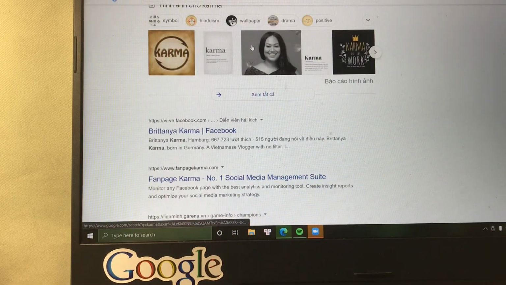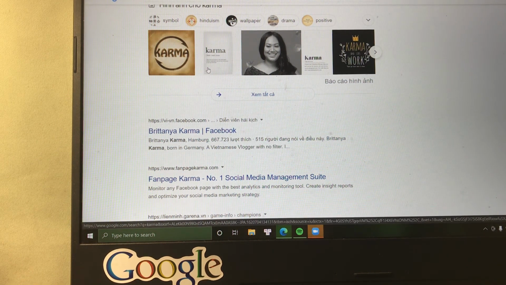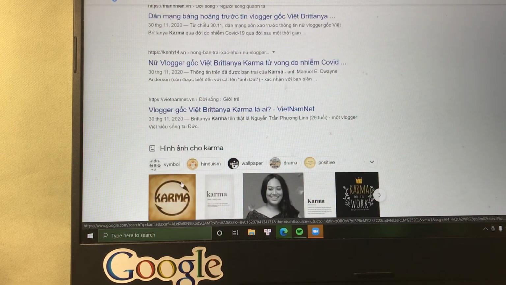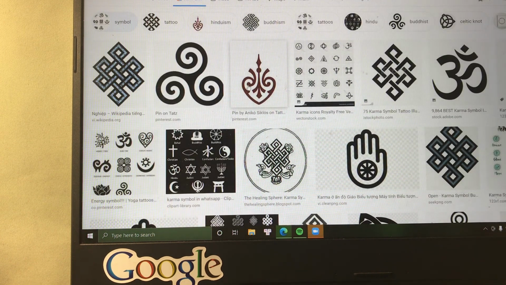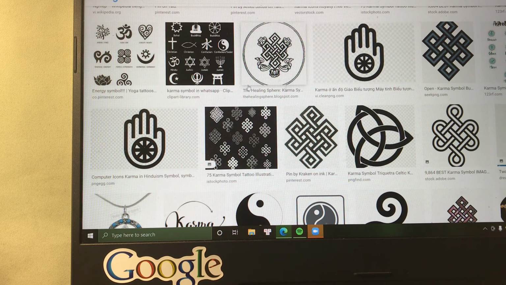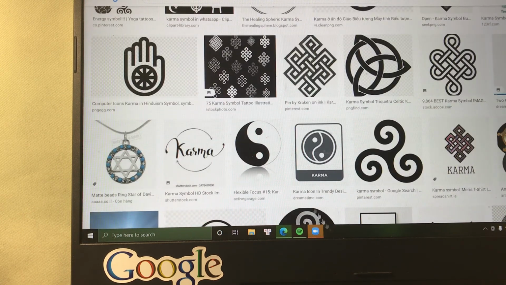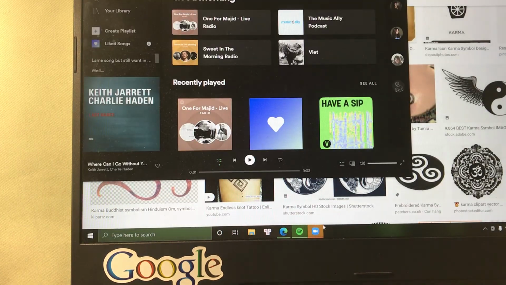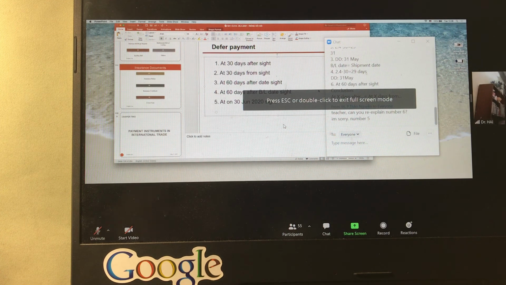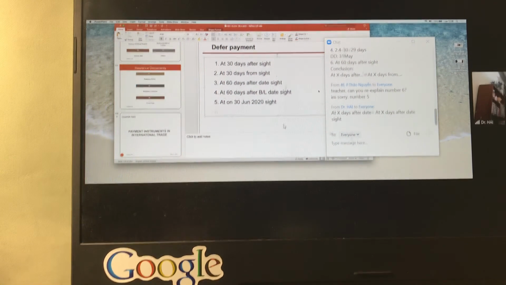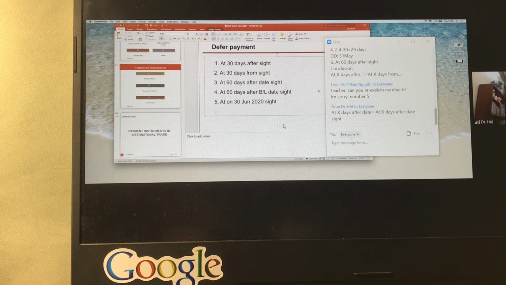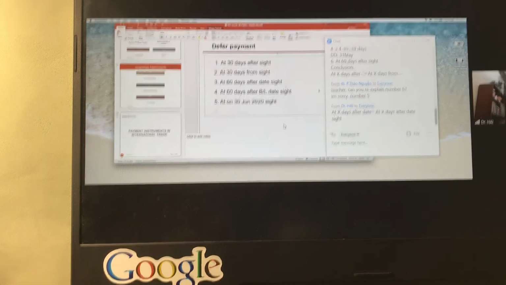The second notation is at X days after date and at X days after date sign are the same. At X days after date and X days after date sign are the same.